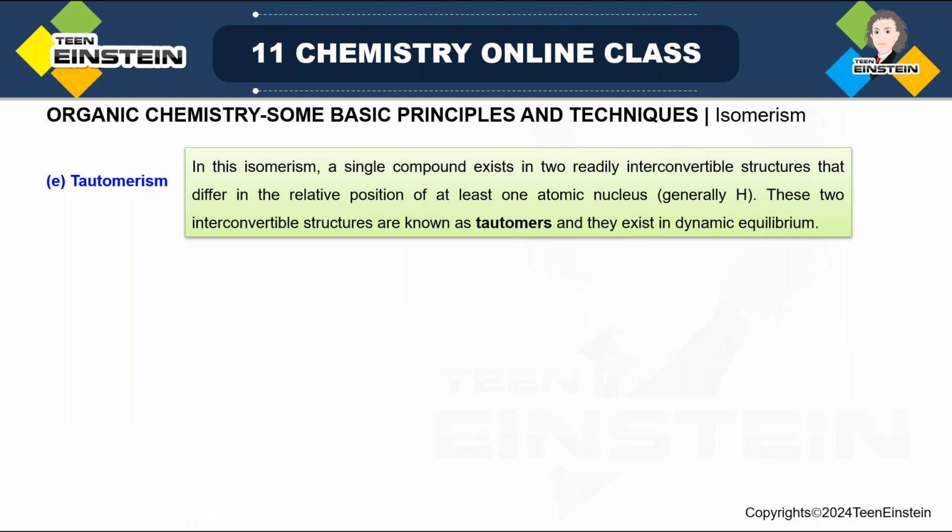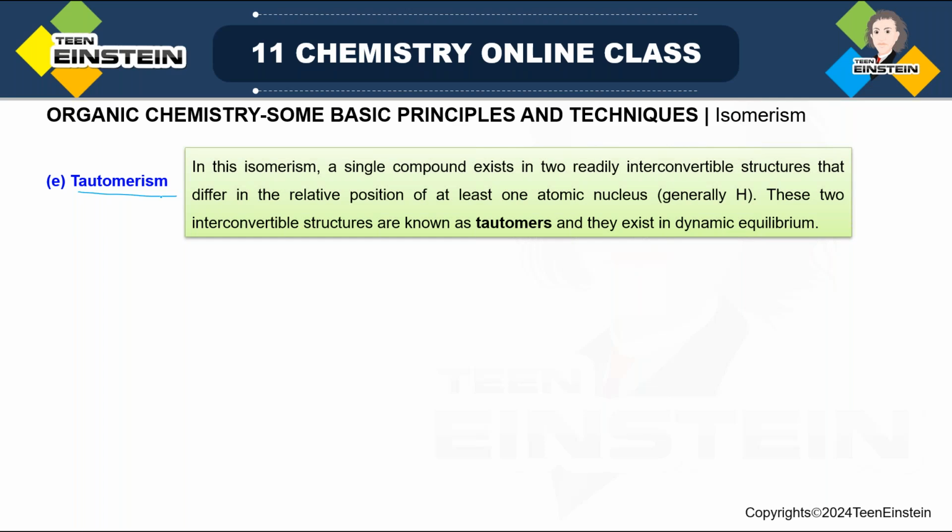The next one, which is the fifth type, is tautomerism. Here also the bonding connectivity is different, but these two are interconvertible. They can change to each other, which you will not find in other types.